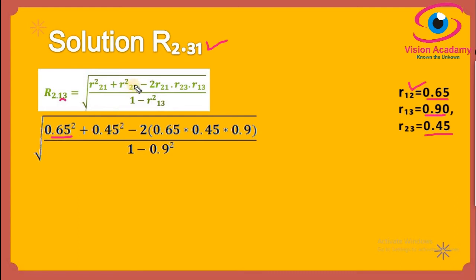Secondly R square 23 here is 0.45, so 0.45 square, minus 2, and these two will be repeated without square: 0.65 into 0.45 into R13. R13 is 0.90, so 0.9, and in the denominator R square 13, so 0.9 square.